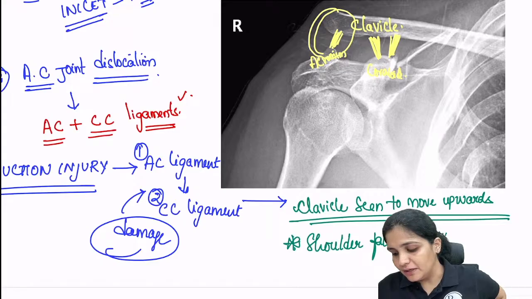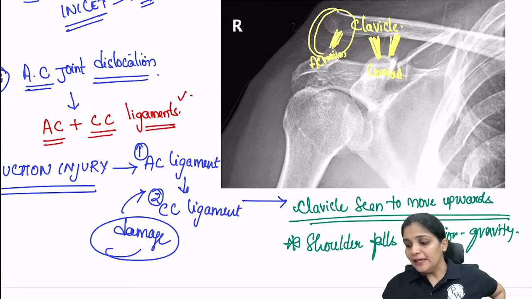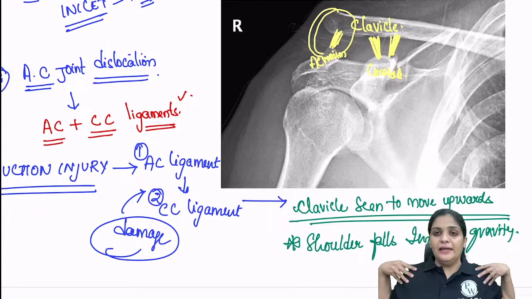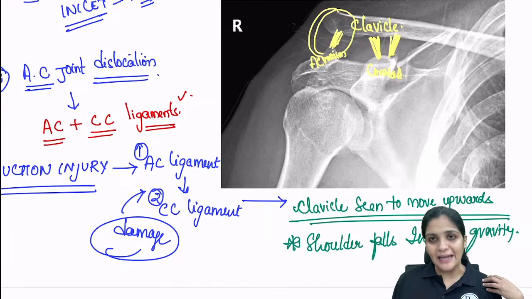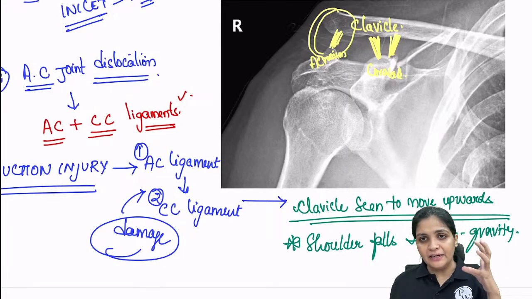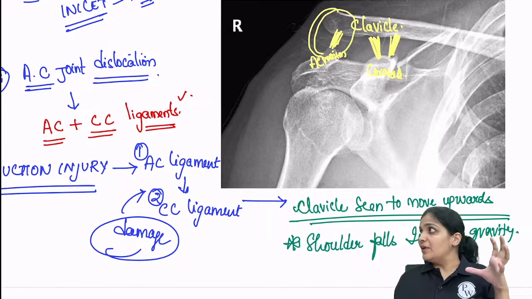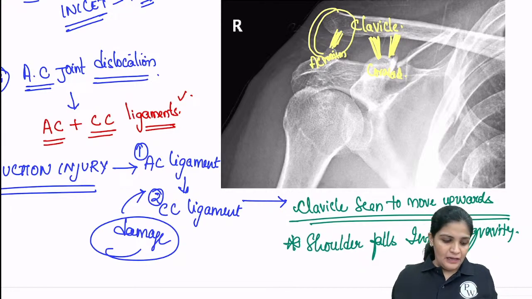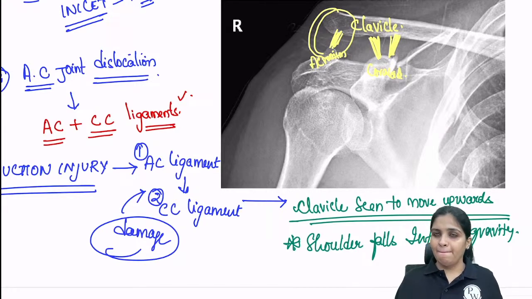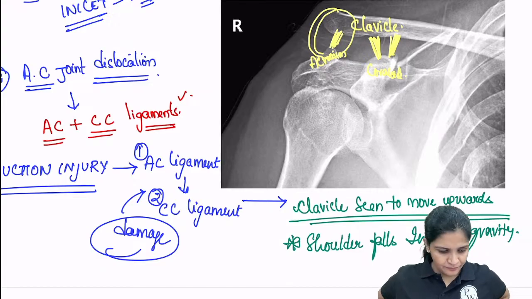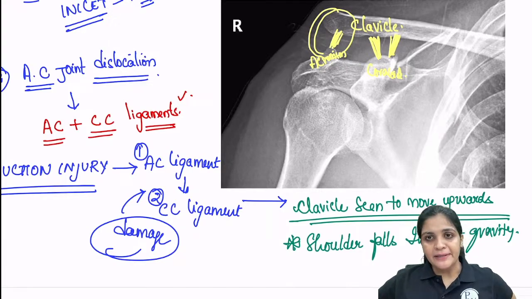The shoulder falls inferior because of gravity. This limb is suspended by the clavicle, and the acromioclavicular ligaments are very important for suspension of your upper limb.